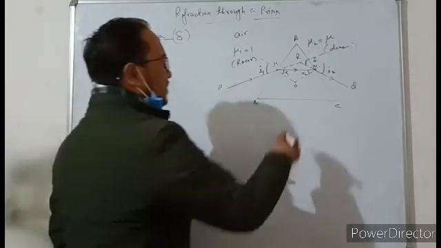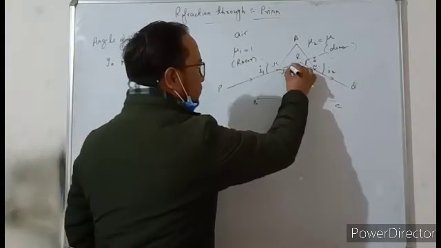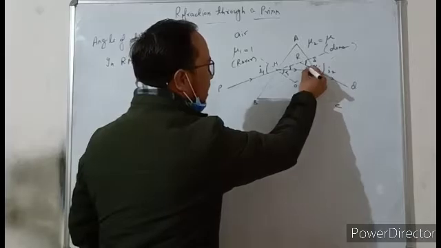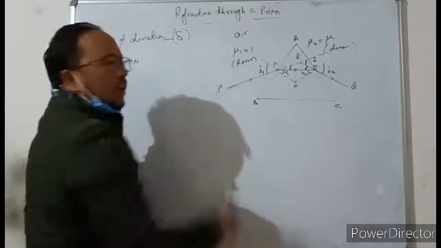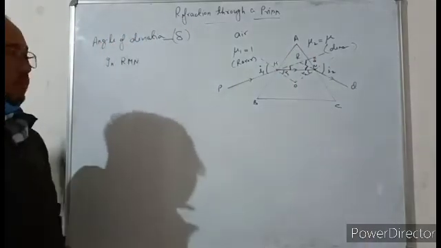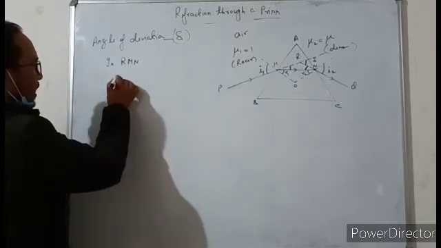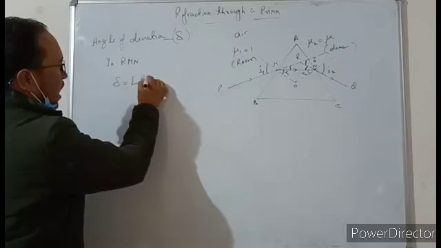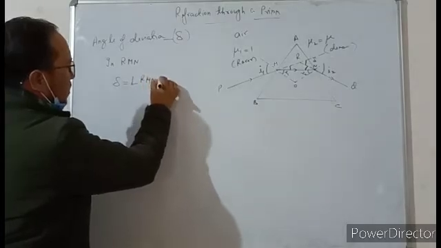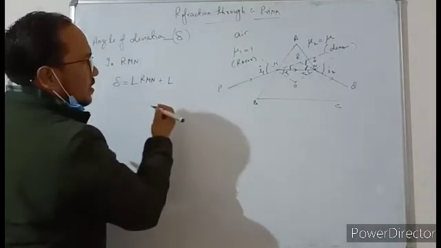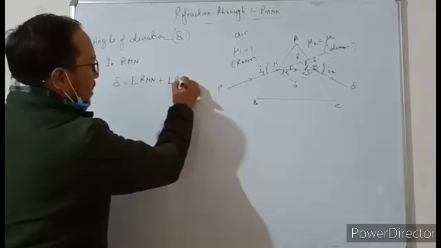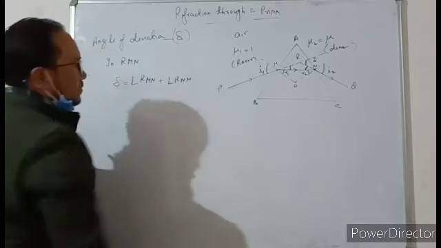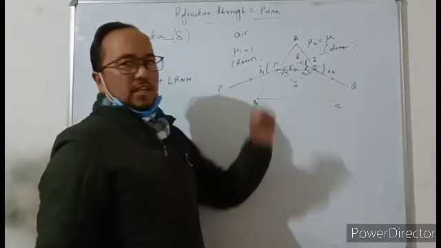So we can say this angle and this angle are the interior opposite angles of triangle RMN. So angle delta is equal to angle RMN plus angle RNM.